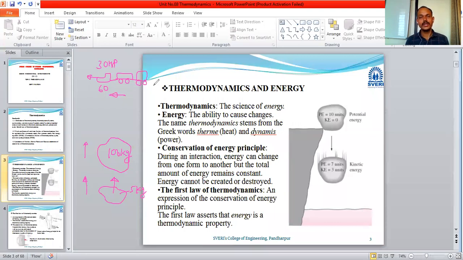It means we cannot generate energy. Correct? Yes, sir. We cannot generate energy and we cannot vanish it also.